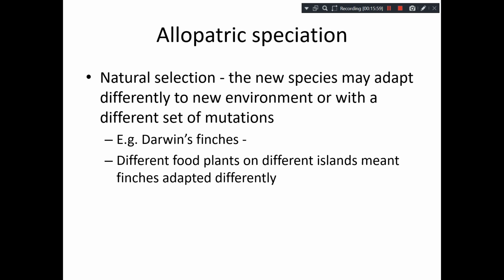Depending upon the type of the food plant in each island, the beaks of the finches were also modified or better adapted. So this is a good example for allopatric speciation because these are a cluster of islands which are separated.